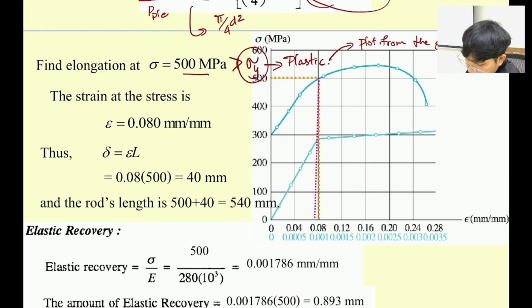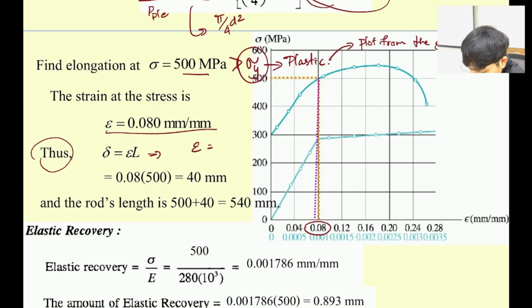So after I plot it into the stress strain curve over here, I'm going to get 0.08, and I just place it here. If I would like to find the deformation, you guys may be familiar with this: strain equals deformation over L. It comes from the same equation, so deformation equals strain multiplied by L.